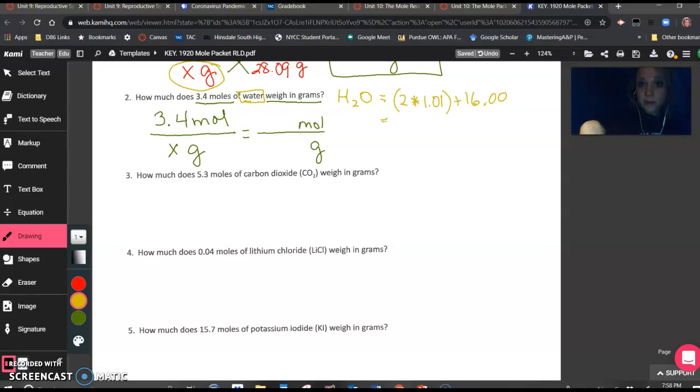Well, 2 times 1.01 is 2.02, and when I add that to 16, I get 18.02 grams. And since this is the molar mass, I know that this is equal to 1 mole.